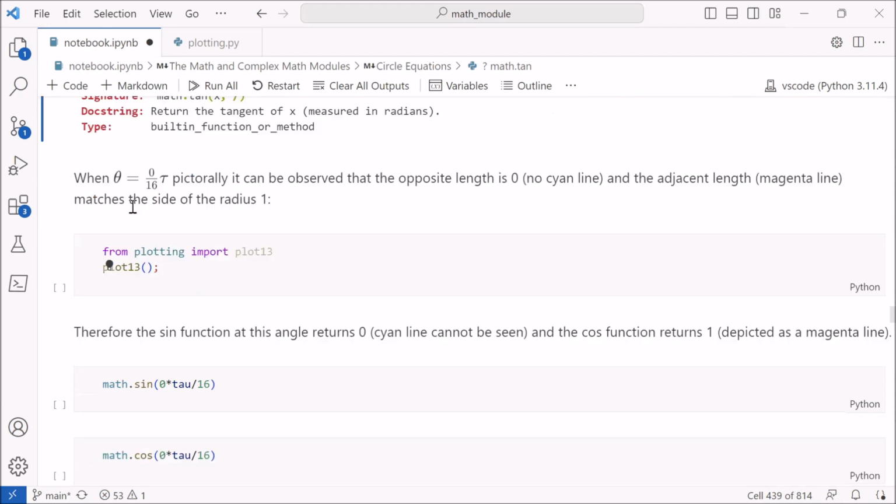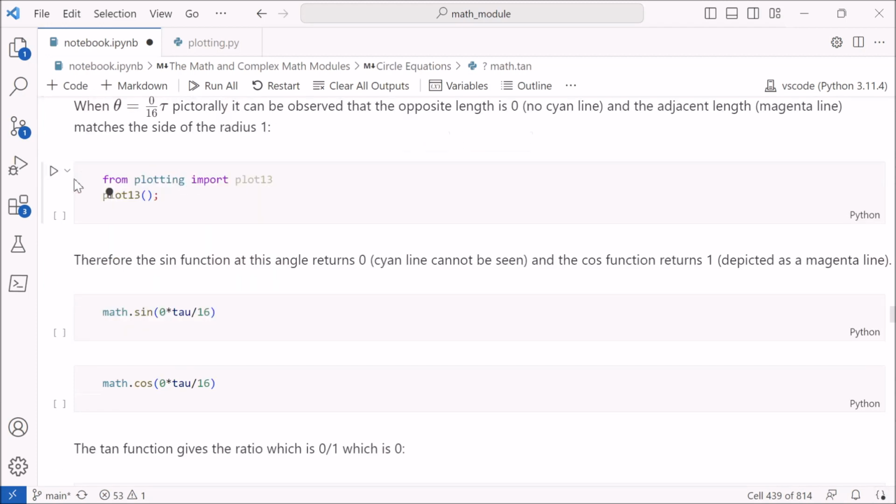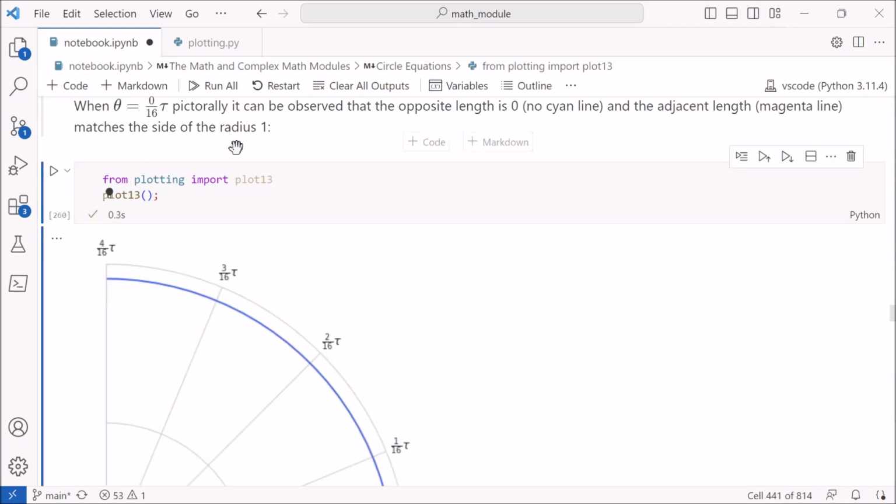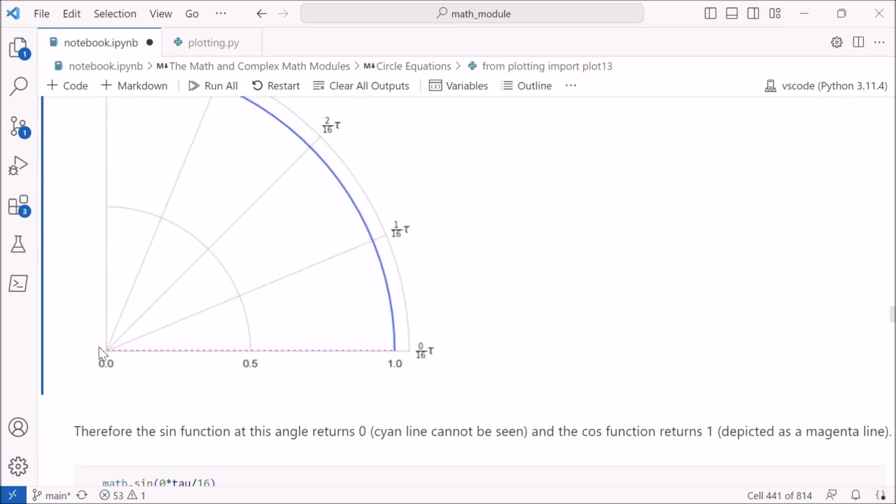So let's just examine this quarter of the circle. So when theta equals 0/16 tau, we basically have this line here. So the radius is all going to be along x. So this means the opposite side is 0 and the adjacent is equal to the radius, which is 1.